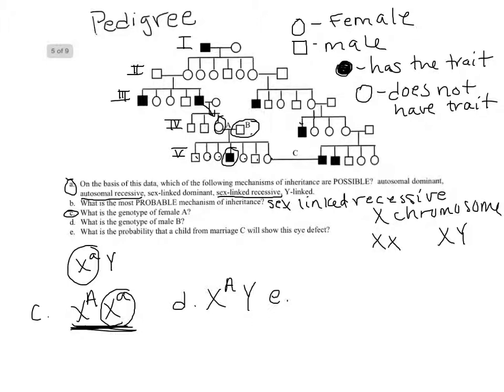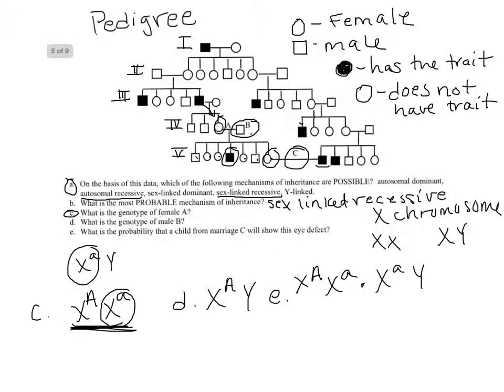But in the case of marriage C producing a daughter that has the defect, there is a potential that this mother is a carrier. So if she is a carrier for this trait because she inherited that allele from her mother, and the male over here, we can see that he does have this trait.